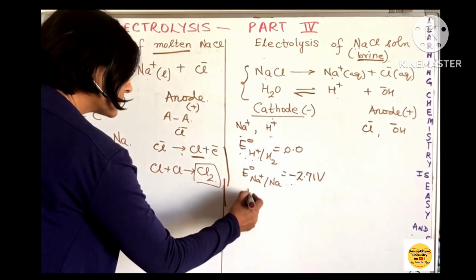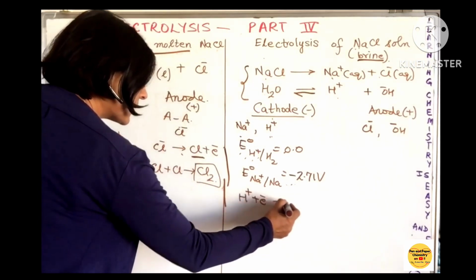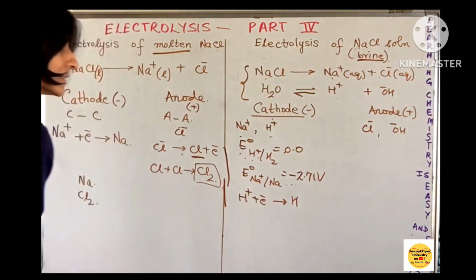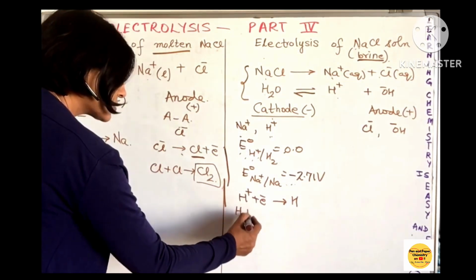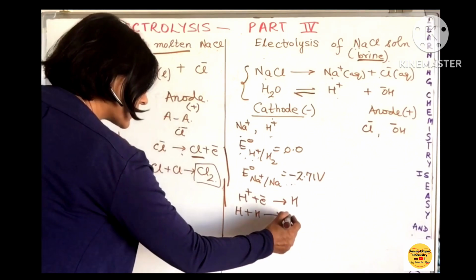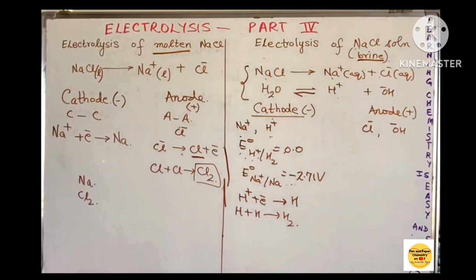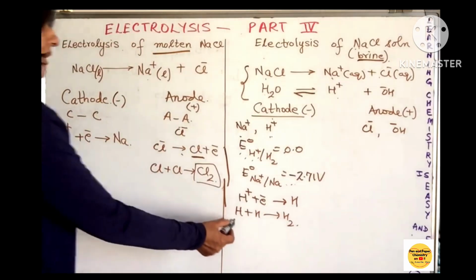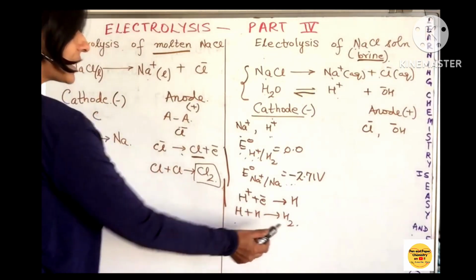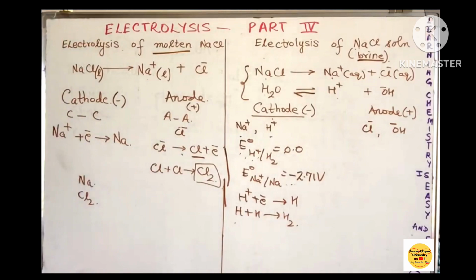So H positive is the winner, gains electrons, turns to hydrogen. H plus H gives you hydrogen gas. This burns with a blue flame, pop sound. So at the cathode, hydrogen gas is liberated.